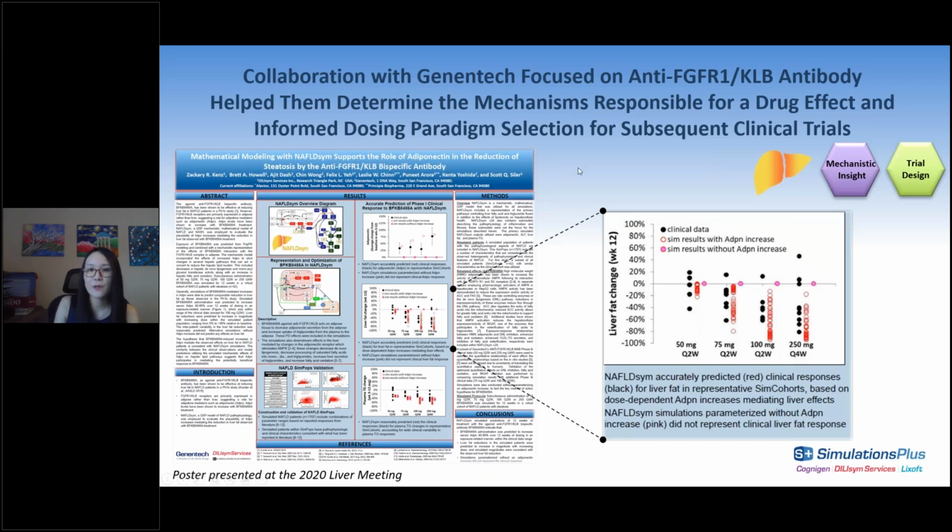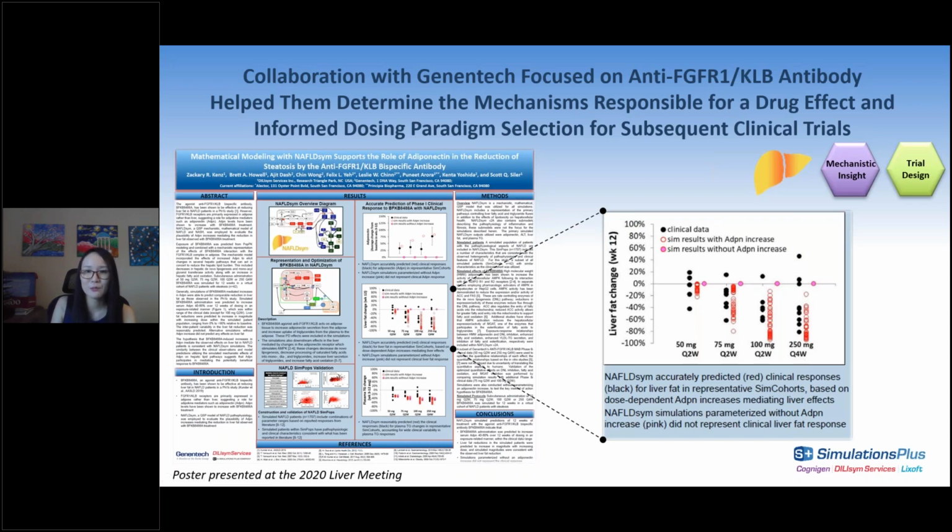In the phase 1b clinical trial, this anti-FGF receptor 1 and Klotho beta antibody showed some efficacy in reducing liver fat. What was interesting was that this specific receptor is expressed on adipose, not on hepatocytes.